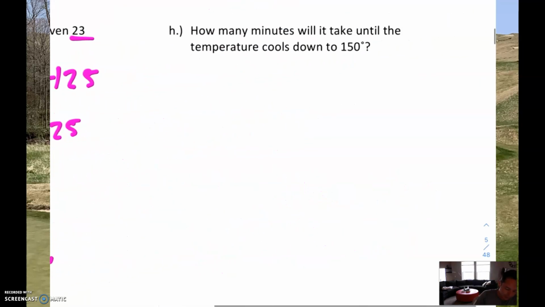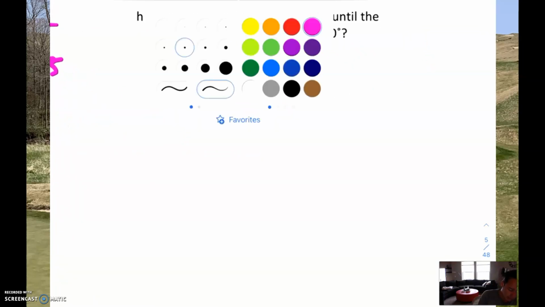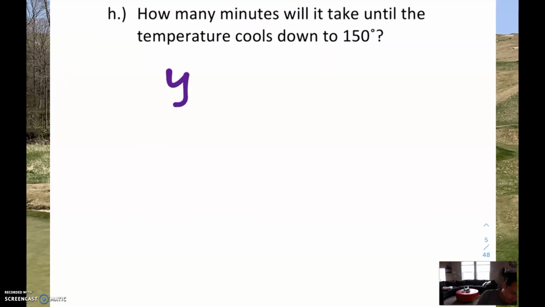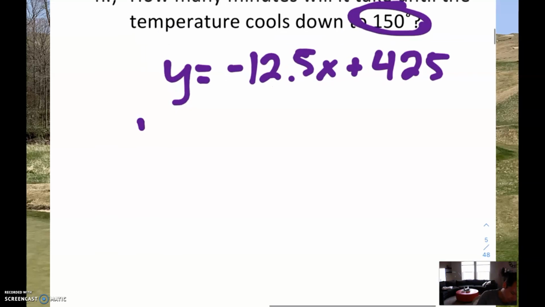And one more last question. How many minutes will it take until the temperature cools down to 150 degrees? So let's once again start with our formula. And in this case, what's given to you in the problem is they're giving you that temperature, 150 degrees. The temperature is the y-coordinate, so let's replace the y with 150.